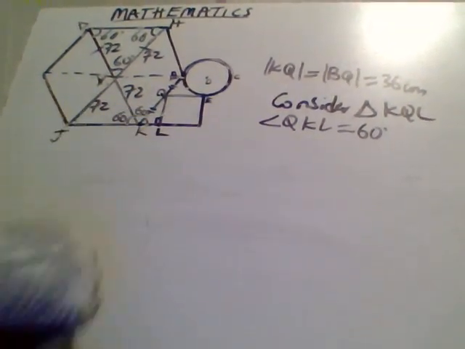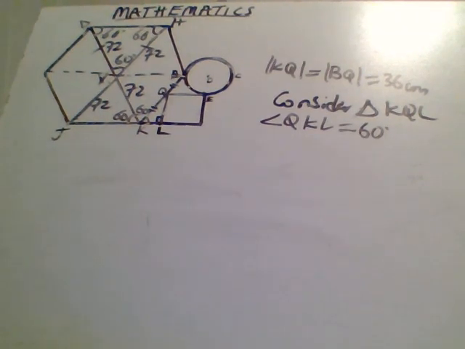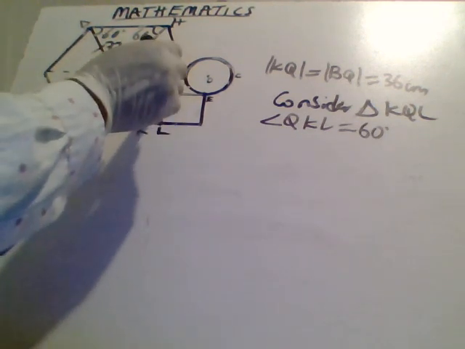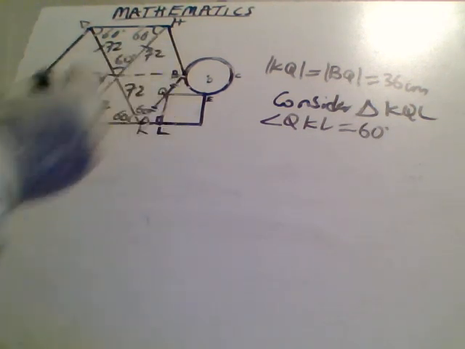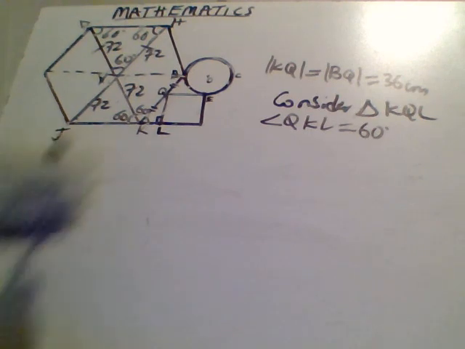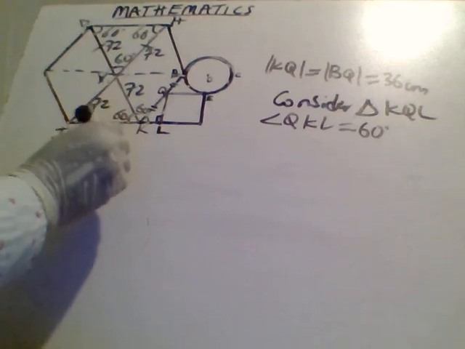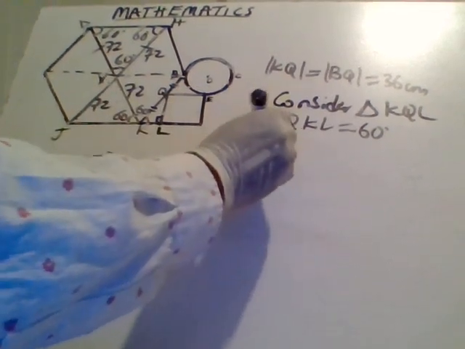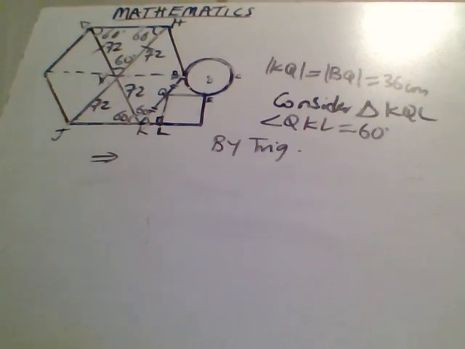Alright, let's look into the triangle as requested. So for that reason, we can now find the length of this rectangle, like the width of this rectangle. So this implies we can use trigonometry to do that.